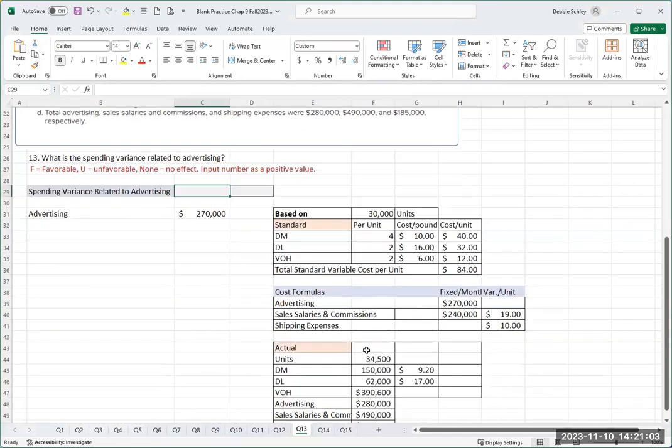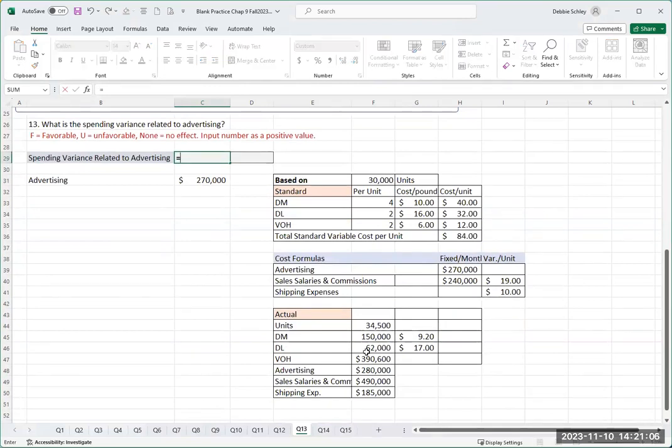And so it is going to equal the standard for advertising, that they gave me in the chart, minus my actual. And that is what I thought I should spend on advertising is less than what I actually spent. So I actually spent more than what I planned. And so that is unfavorable.